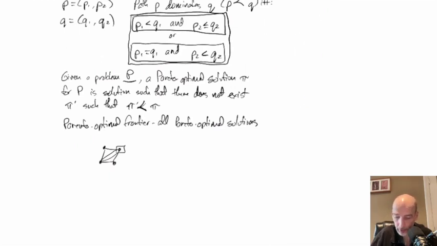Here we're going to think about this as a bi-objective problem, just because this is a lot easier to write out than it is for a multi-objective problem. But we're going to imagine that we have some cost function C1, some cost function C2.